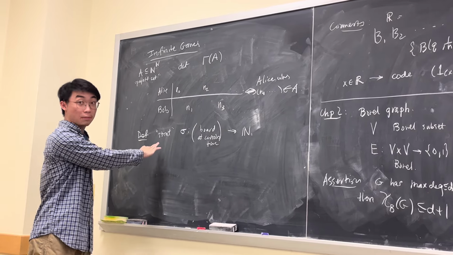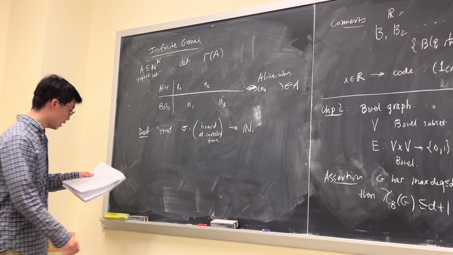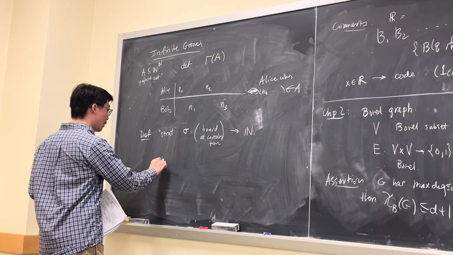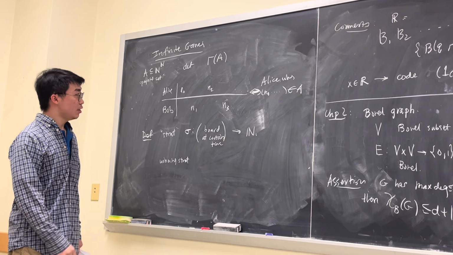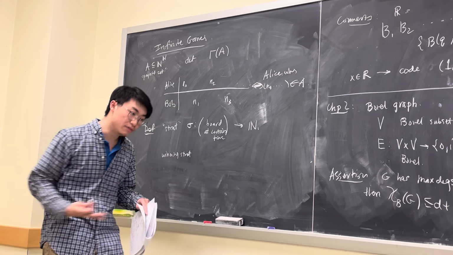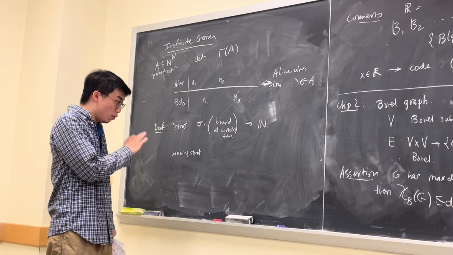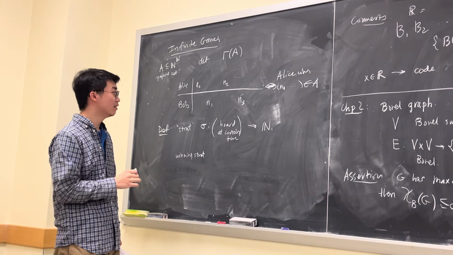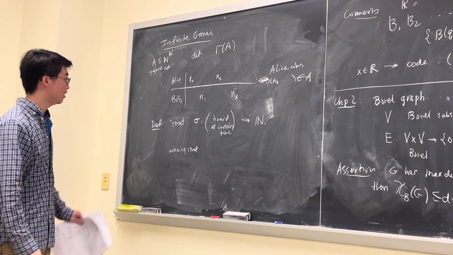That would be a strategy for Bob. Okay. And a winning strategy is a strategy in which there is something you can do, no matter what your opponent does, that will eventually produce a winning sequence. Okay? So if you just follow the strategy religiously, then you are guaranteed to win. That is a winning strategy.